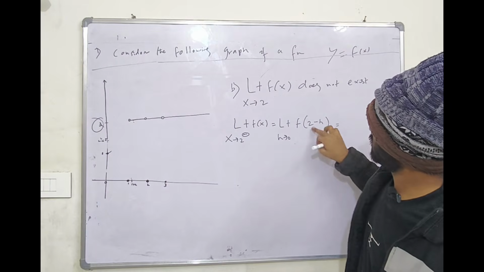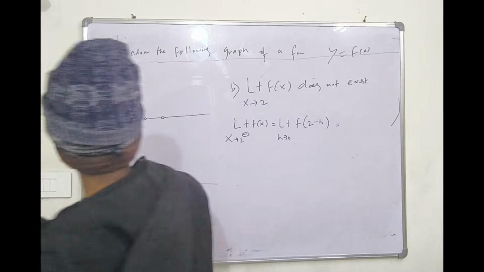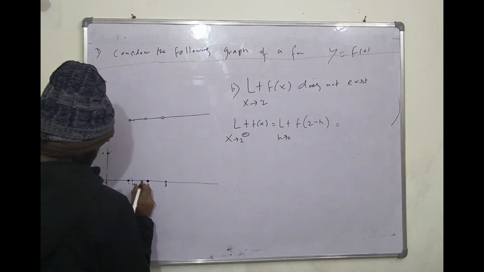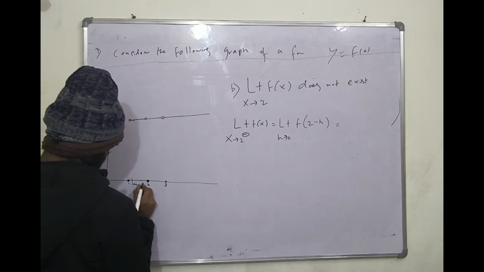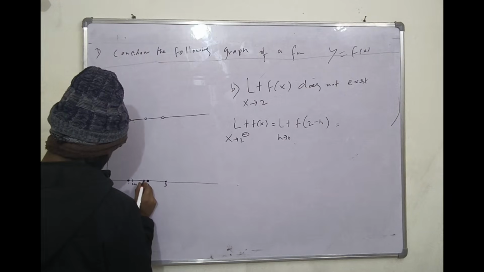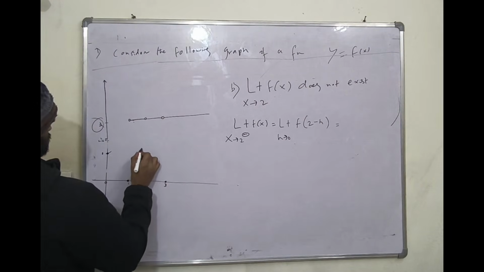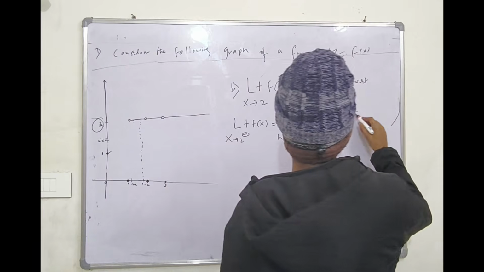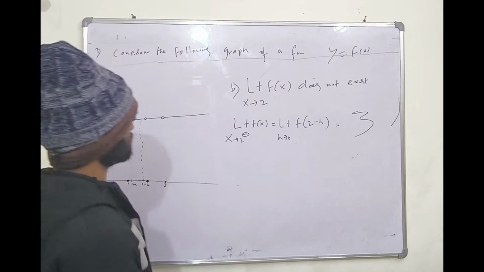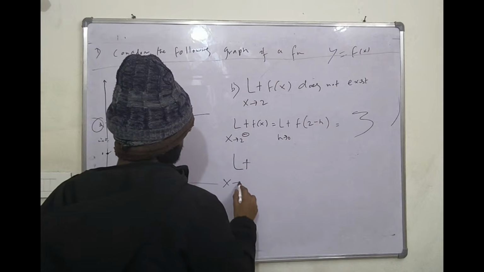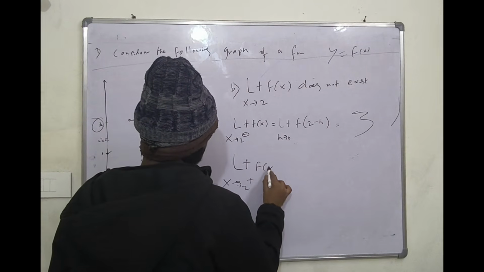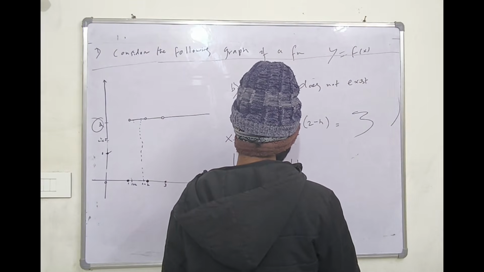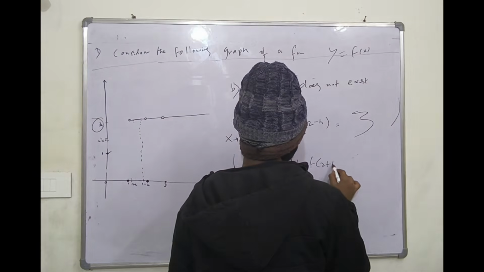And 2 minus h is less than 2. Let's take an example. This is 2 minus h somewhere here. So the corresponding y value is plus 3. Similarly, limit x tends to 2 plus f of x equals limit h tends to 0 f of 2 plus h.